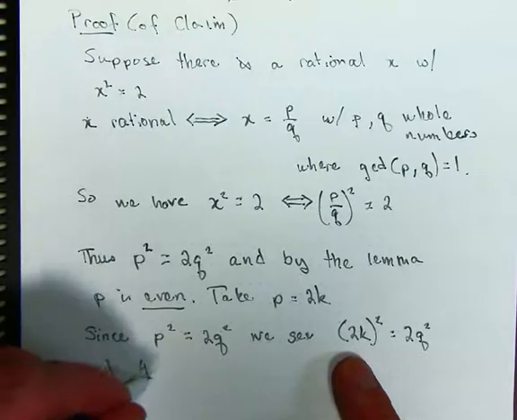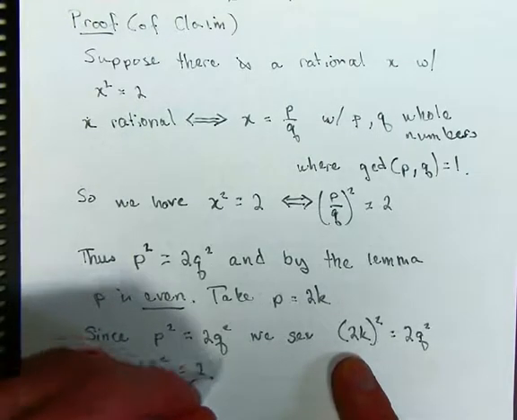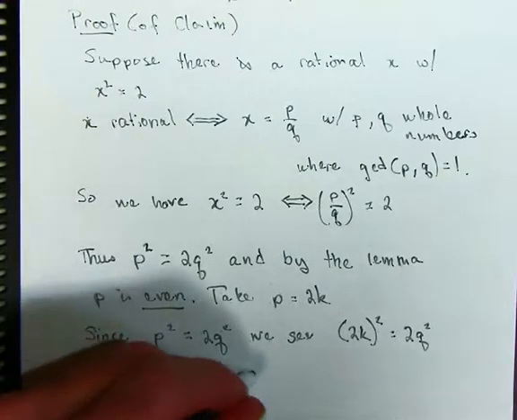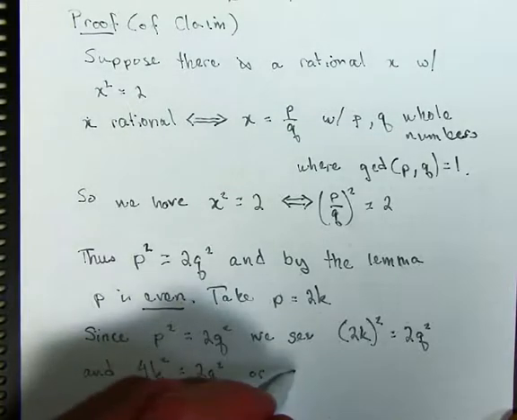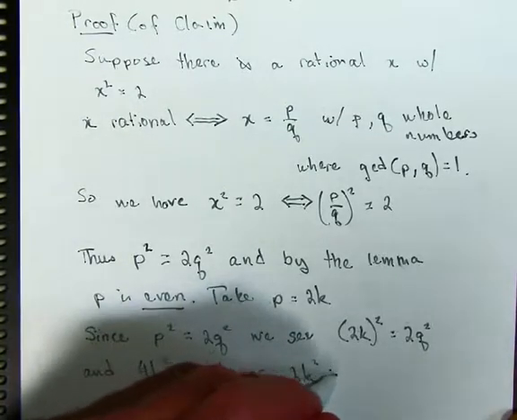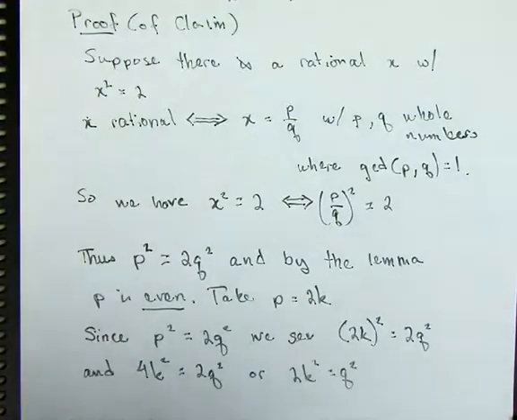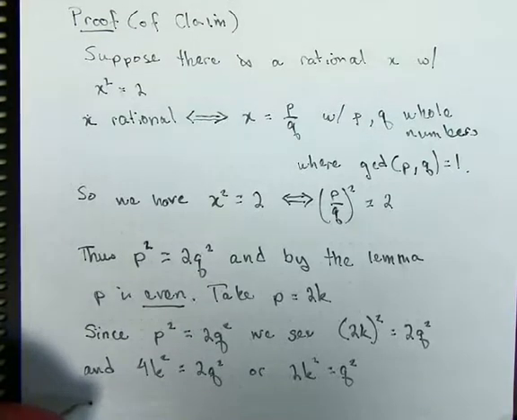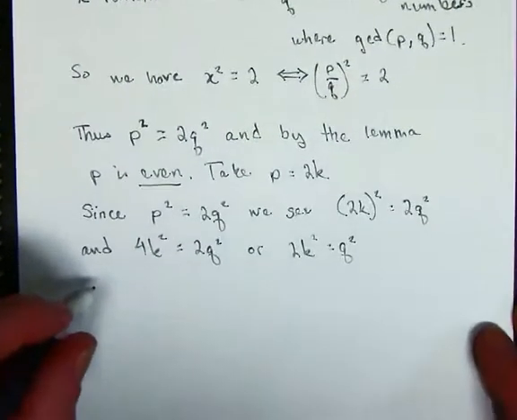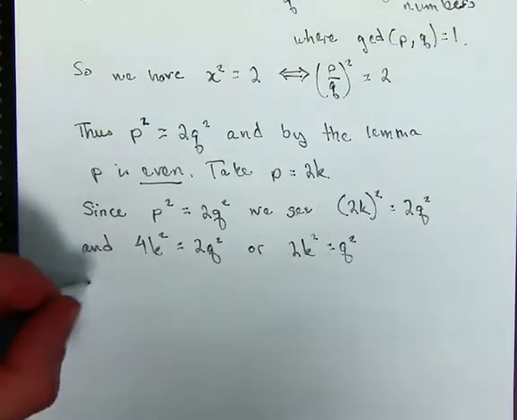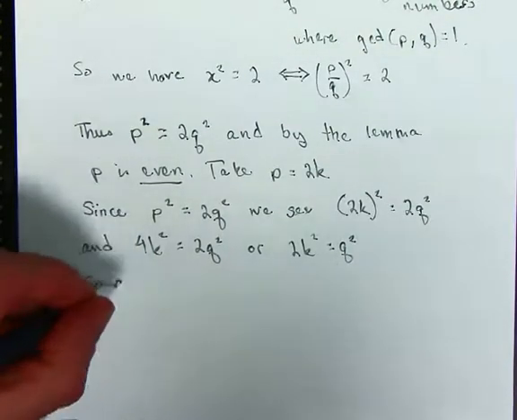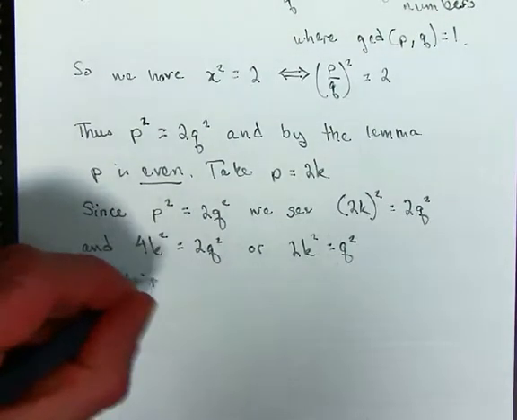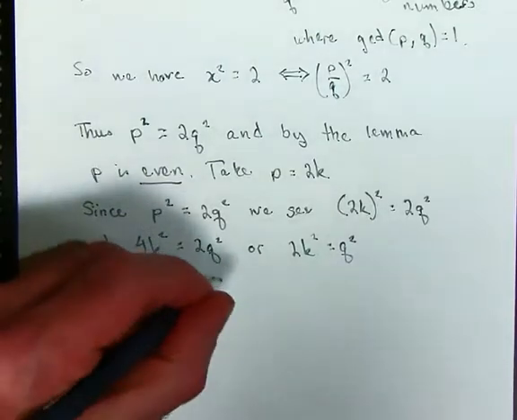That means I've got 4k squared equals 2q squared, or 2k squared equals q squared. So q squared is also even.